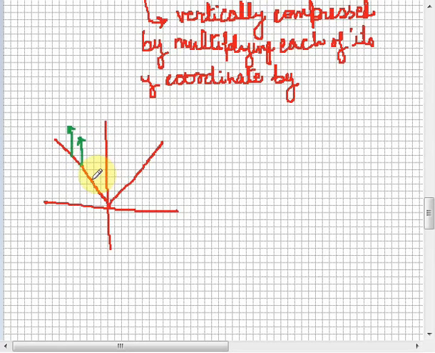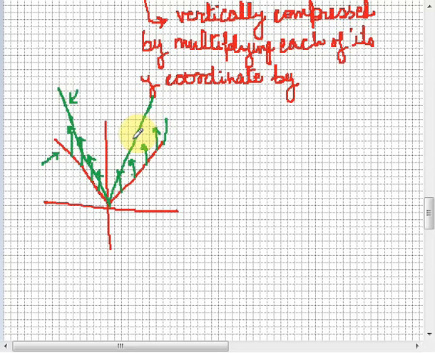Not the same distance, some distances may be different. So the same graph becomes like this. The earlier graph was this, the new graph is this. This is called vertical stretching.